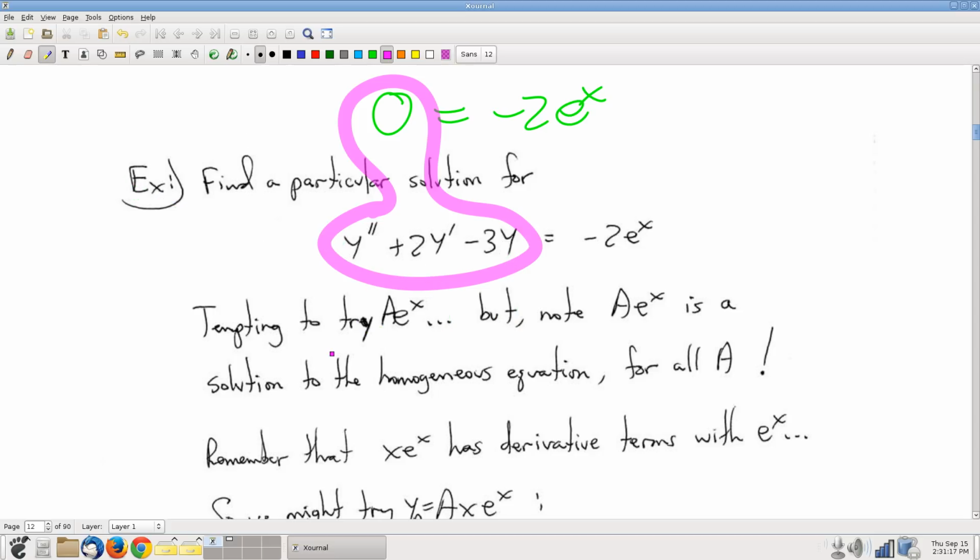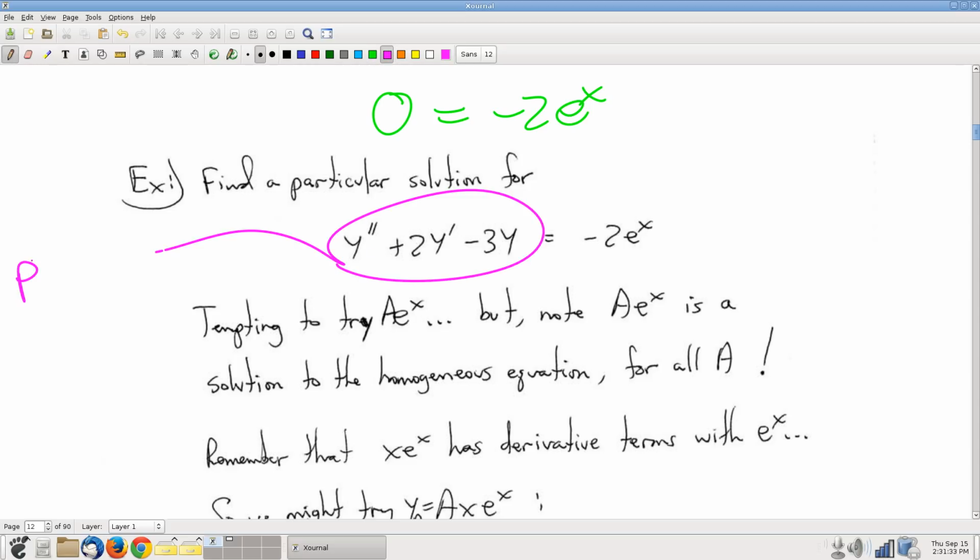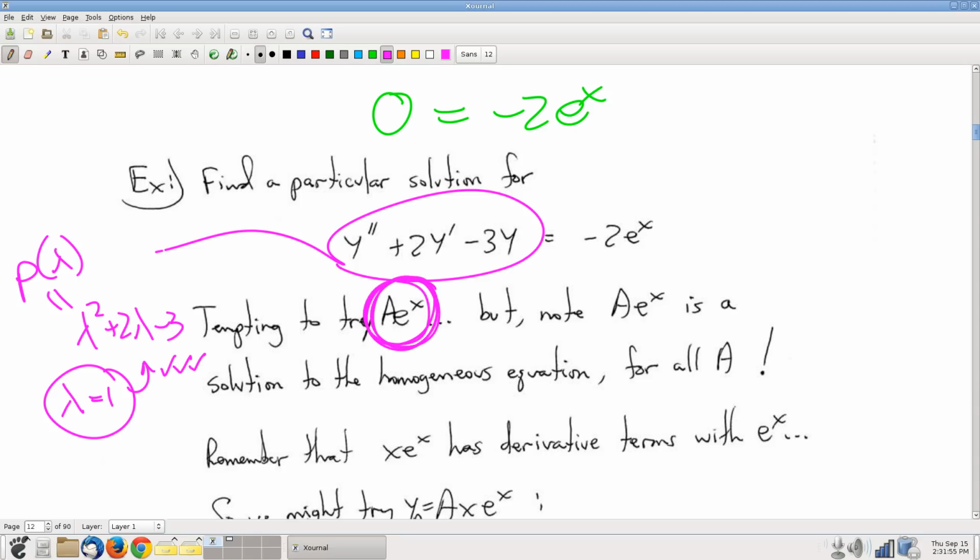Well, in fact, this equation here is something we've already studied. This is a homogeneous equation, and we know how to find homogeneous solutions. You take the left-hand side and you write down the characteristic polynomial. The characteristic polynomial in this case is p of lambda is lambda squared plus 2 lambda minus 3, and you look for the roots, and it's not hard to confirm that among others, lambda equals 1 is a root of that characteristic polynomial, and that means that this is a homogeneous solution.